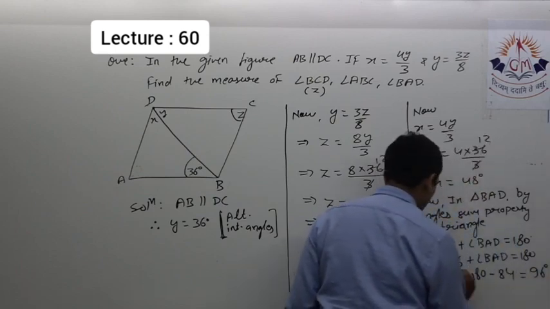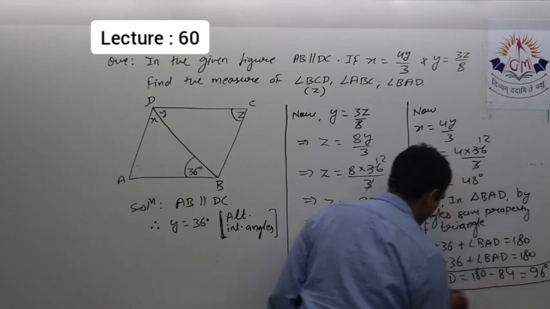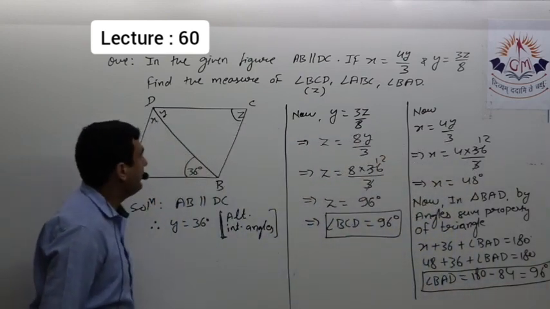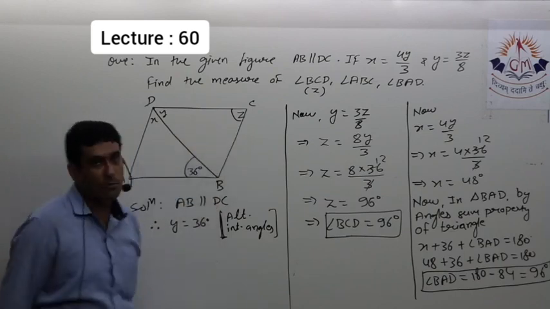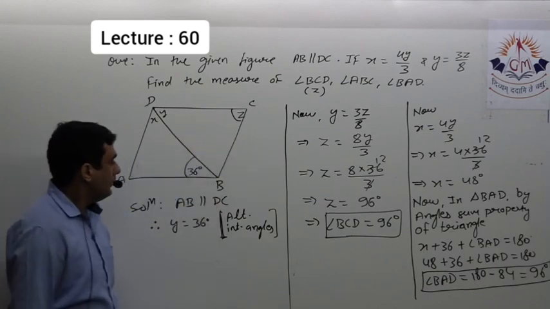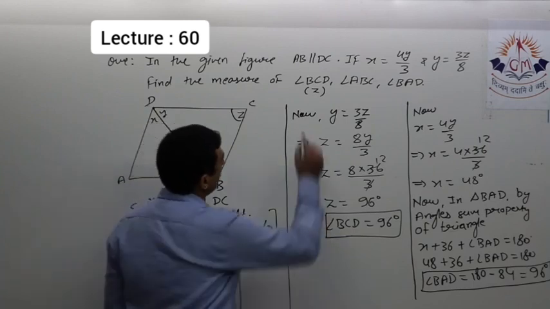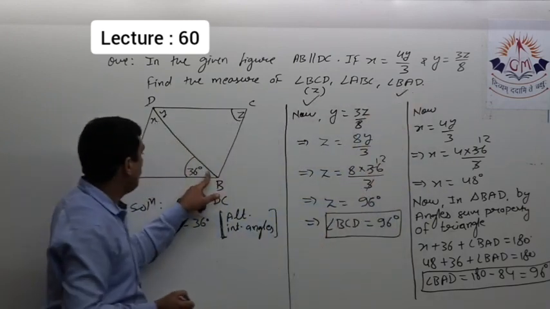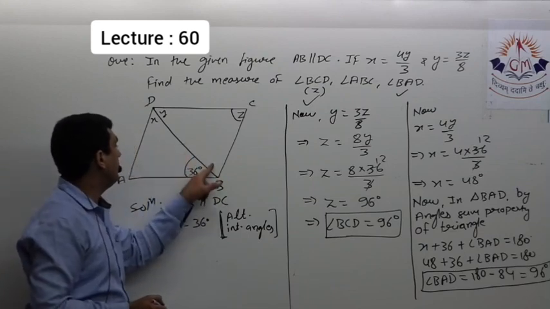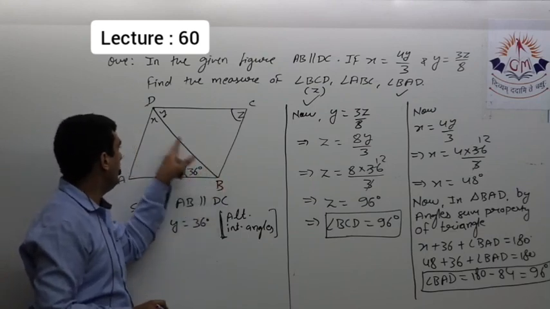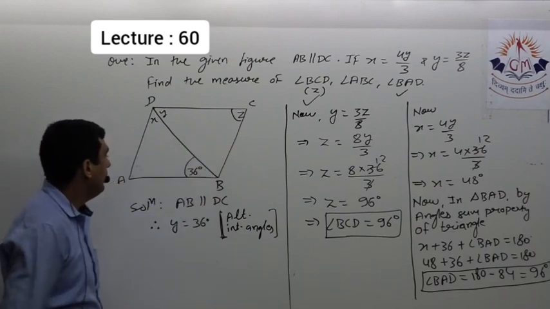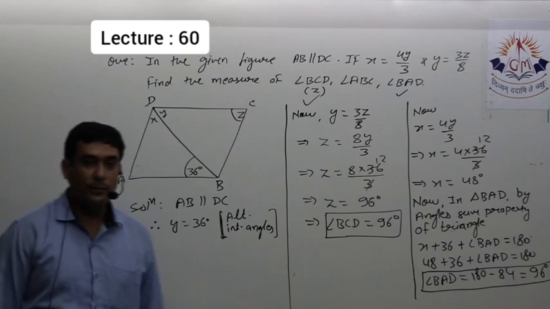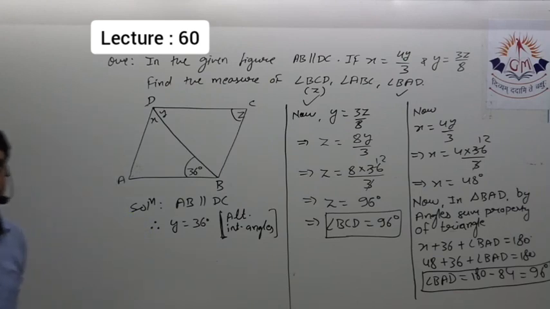So here I also obtained the measure of angle BAD, that is 96 degrees. Angle BAD is 96 degrees, angle BCD is also 96 degrees. Now we'll try to get the measure of angle ABC. Please note it down, then we'll see how to get the measure of angle ABC.